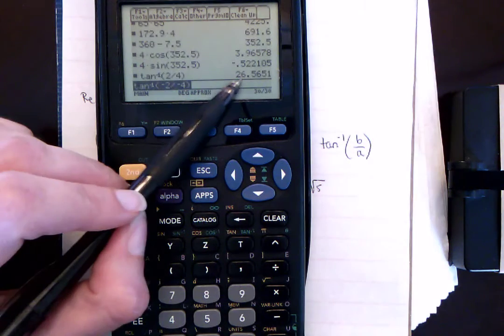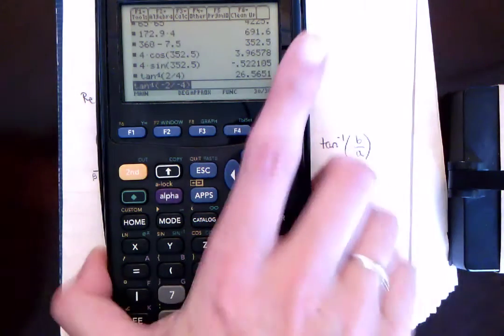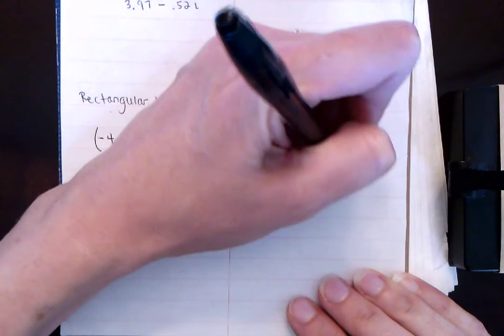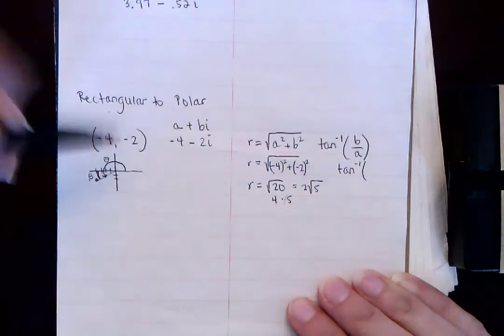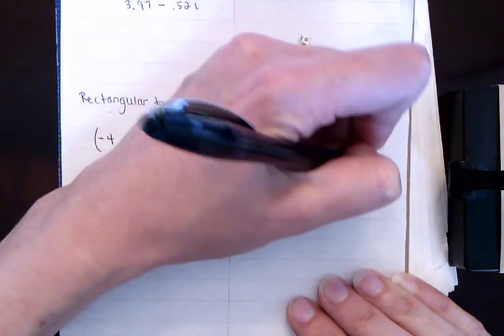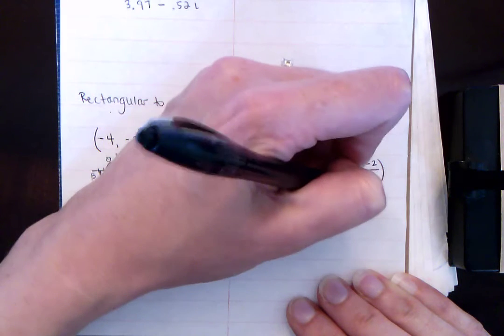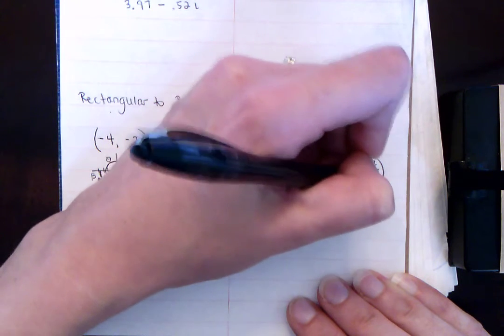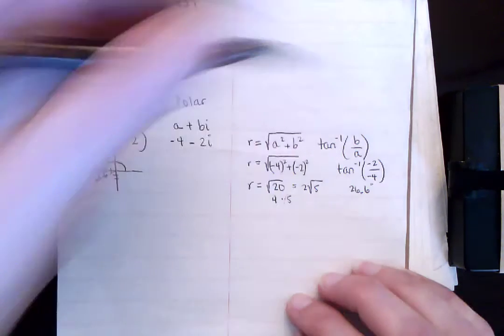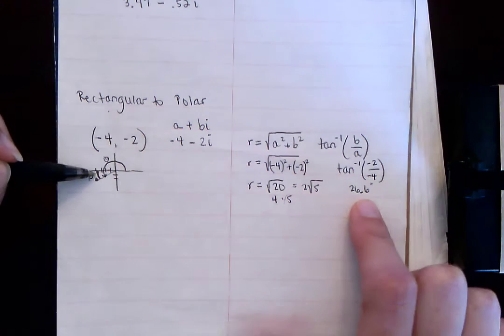And I get 26.6 degrees, about. So I did inverse tangent of negative 2 over negative 4. That was b over a. And I got 26.6 degrees, about.